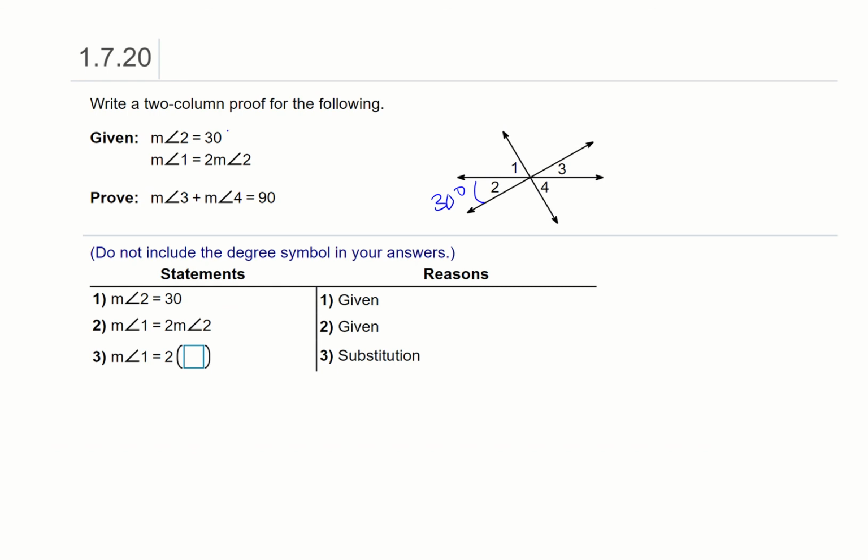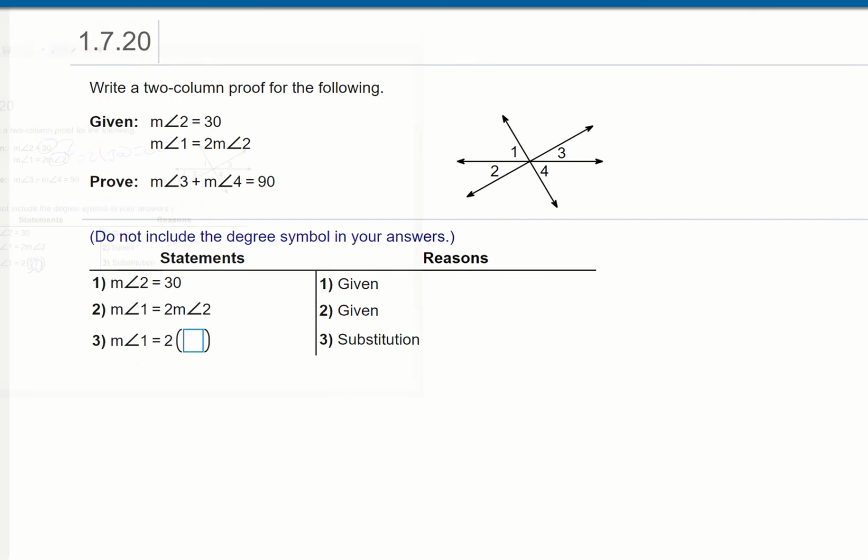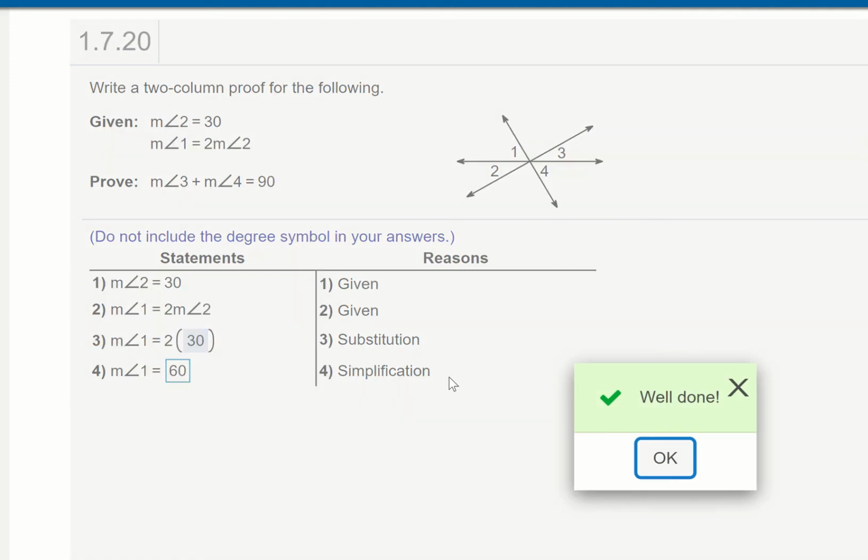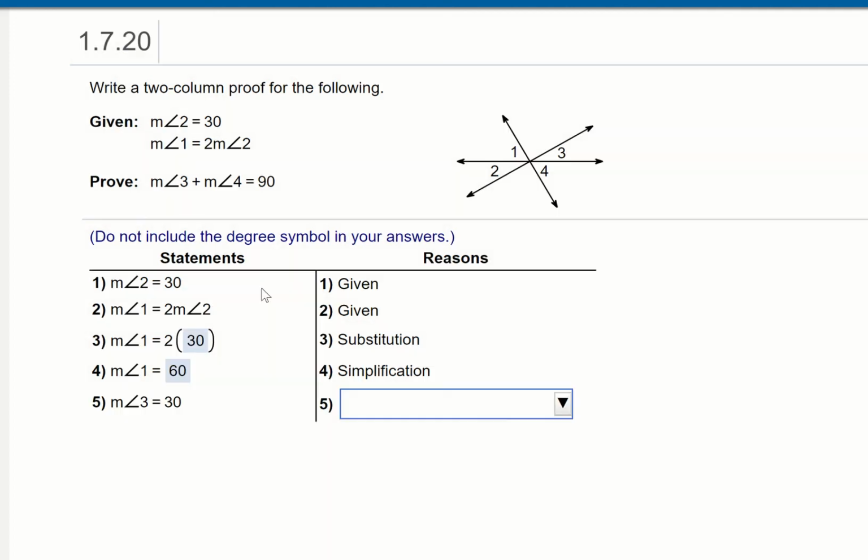So what we're going to do is plug in this 30 into there. If we do that, that leaves us with 2 times 30, which is 60. So that's what we're doing here. We're doing 2 times 30, and that's the substitution property right there. Then 2 times 30 is 60, and that's called simplification or simplifying, same thing.